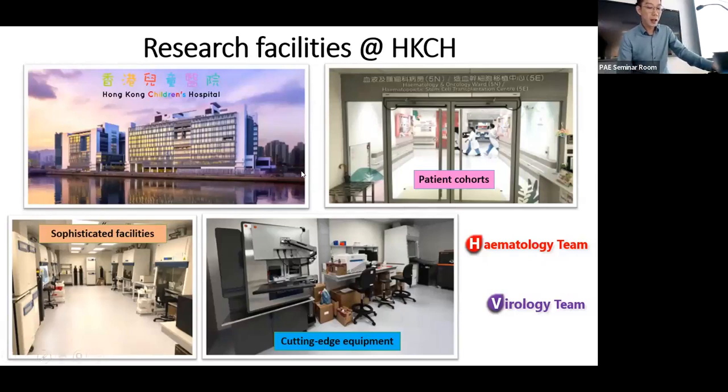So in this lab, a recently completed lab in Children's Hospital that is managed by me, the flow cytometry lab, you can see we have very advanced, number one equipment in Hong Kong: the first Bigfoot sorter, 19 color flow cytometry, and the first time of flight mass cytometry in Hong Kong. So when you have an idea, you can use this advanced equipment to generate some very advanced data.